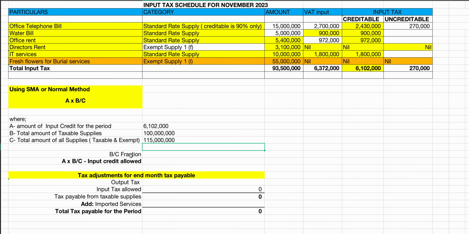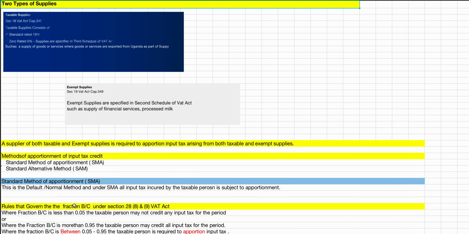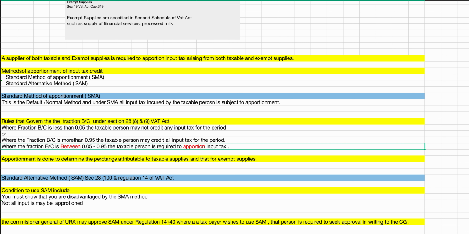Then our B over C function would be 0.87. And we said one of the rules was that where the fraction of B over C is between 0.05 and 0.95, the taxable person is required to apportion input VAT.